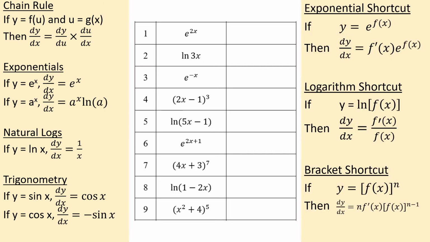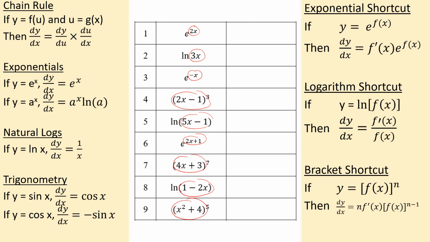Now, once you've actually internalized those shortcuts, it makes these sort of questions very, very rapid fire. So in this question, I'm just going to do these 9 in rapid succession. You might want to try and have a go first and see how fast you can do them. So first, we're just going to circle all of our f of x's, because these are the things we're going to need to differentiate.